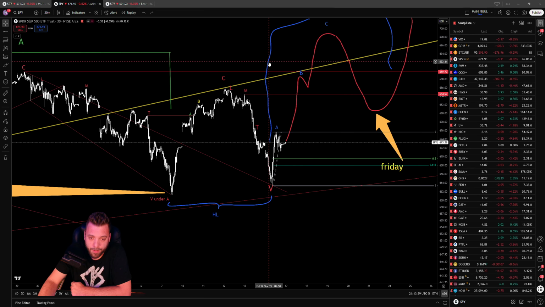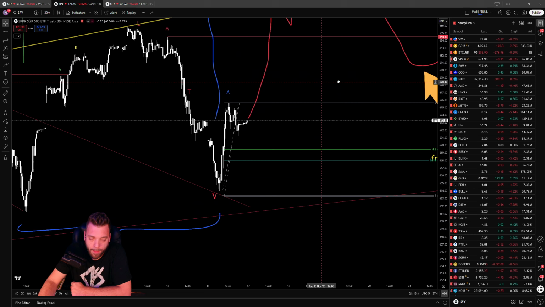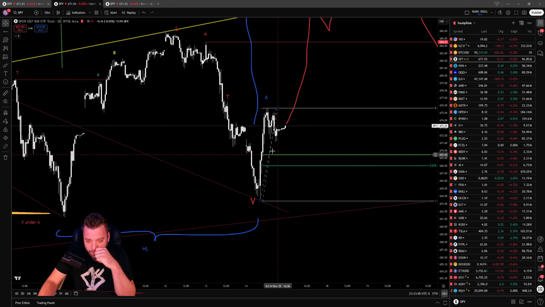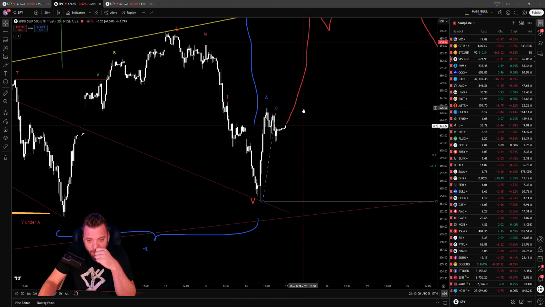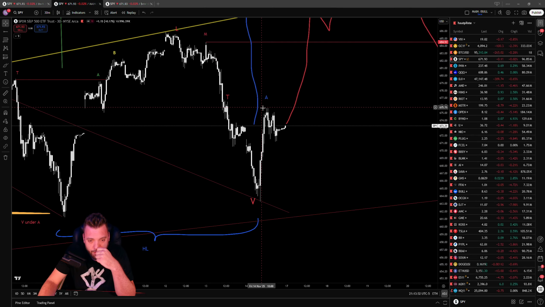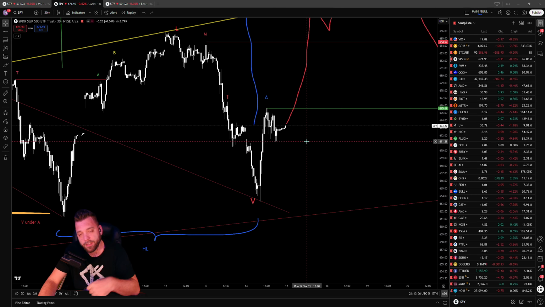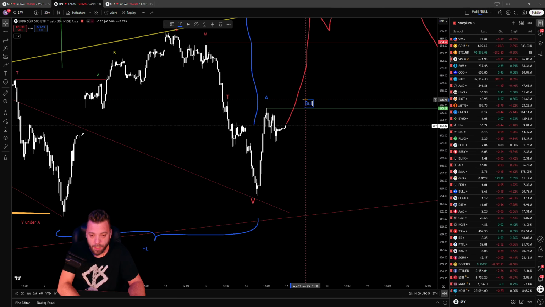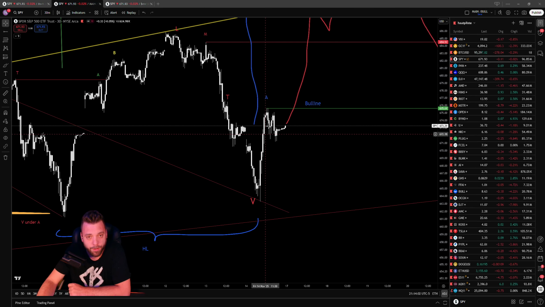For confirmation levels, for the bullish version, everything over this top here, everything over 675.61, and the higher low is already finished.